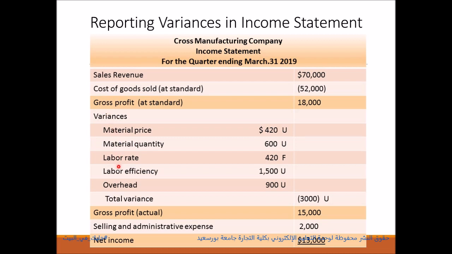Variances are disclosed separately, and total variance is unfavorable, $3,000 unfavorable variance. That's why it should be deducted from standard gross profit to obtain actual gross profit. So actual gross profit is lower than the standard gross profit by $3,000. And finally, selling and administrative expense should be deducted to obtain the bottom line figure of earnings.